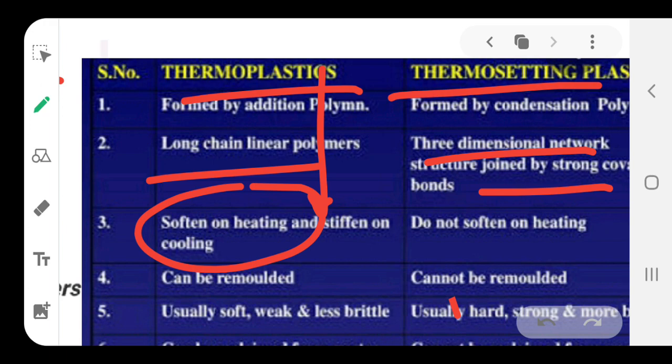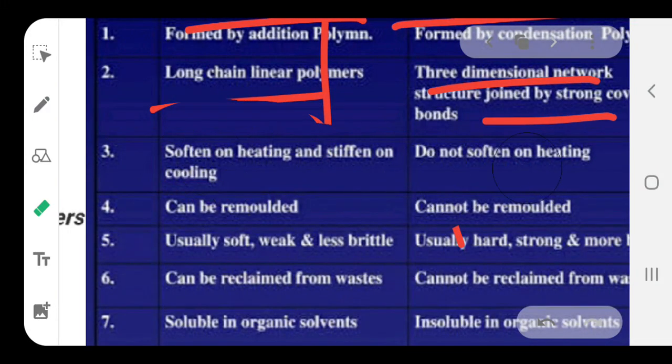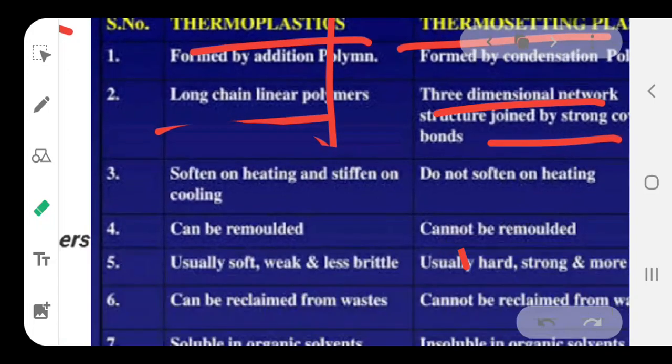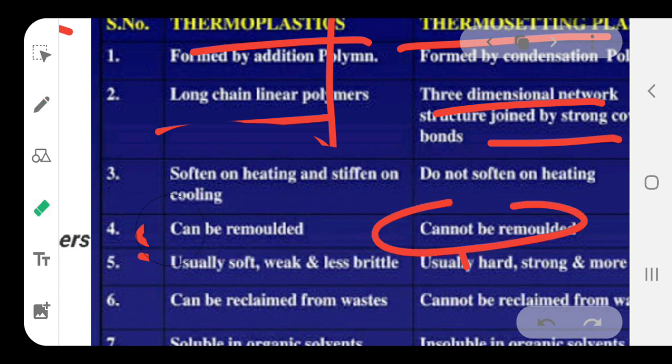But thermosetting plastics do not soften on heating. Underline this word. They won't soften on heating. Another difference is that you can mold thermoplastics the way you want. In thermosetting, you just can't mold them because they won't get molded on heating.